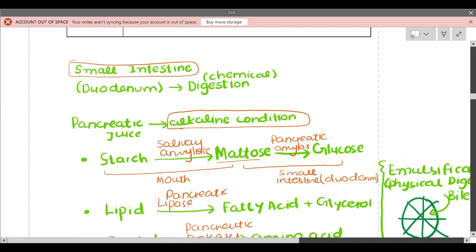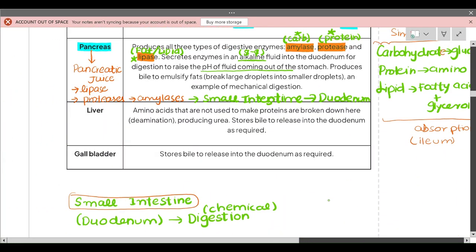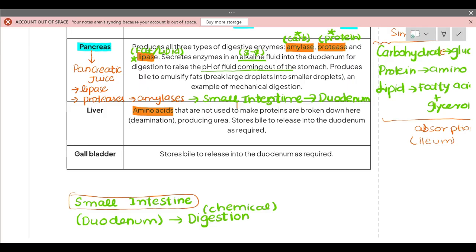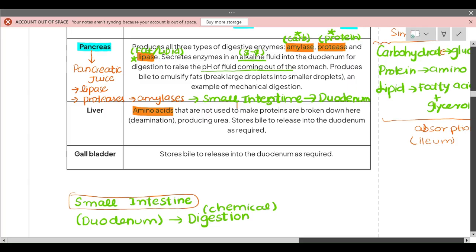Let's look back at the content here as well. For lipids, they have mentioned the amino acids that are not used to make protein. This is what they're explaining here, where the bile comes from. Bile is formed from the breakdown of amino acids that were once present in the liver, by the process we call deamination, which produces urea.